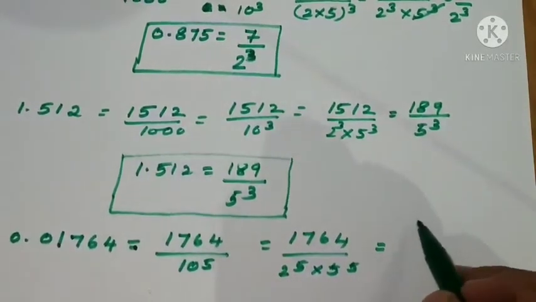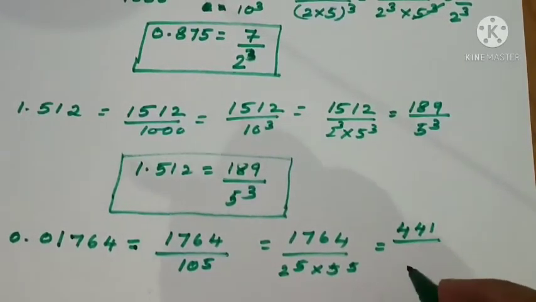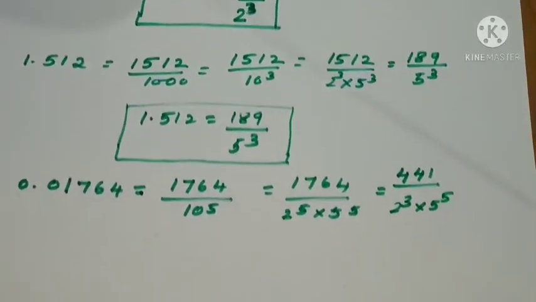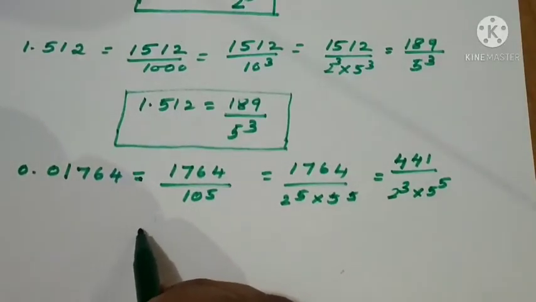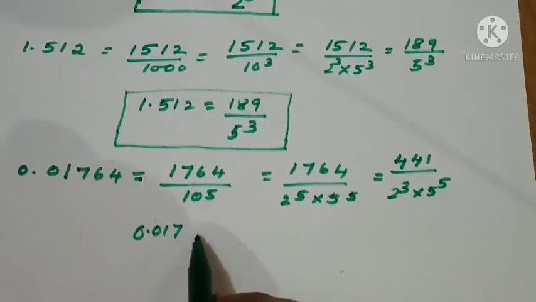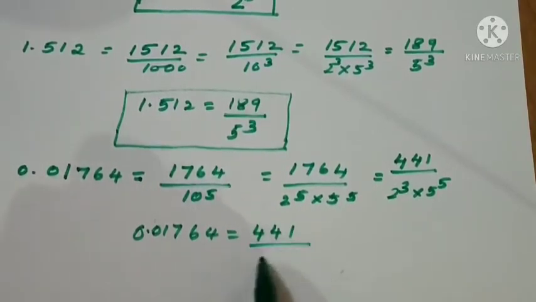So once you cancel, you will get 441 divided by 2 cube into 5 raised to 5. So we got 0.01764 equal to 441 divided by 2 cube into 5 raised to 5.